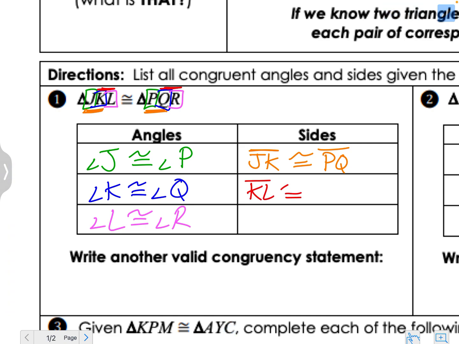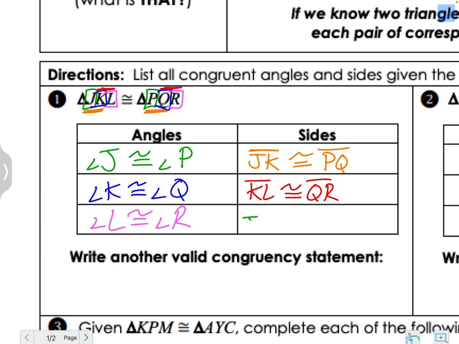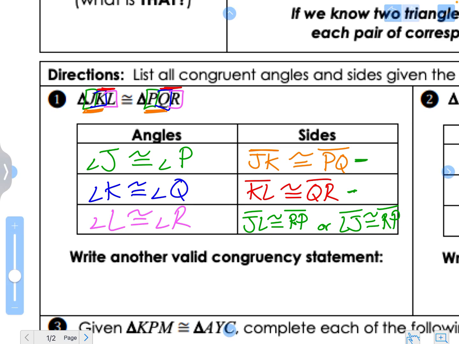So KL is congruent to QR. And then finally, we have JL is congruent to PR. Or we can also write it as LJ is congruent to RP. And again, we could also reverse the order of the two previous ones as long as they are in the same position.